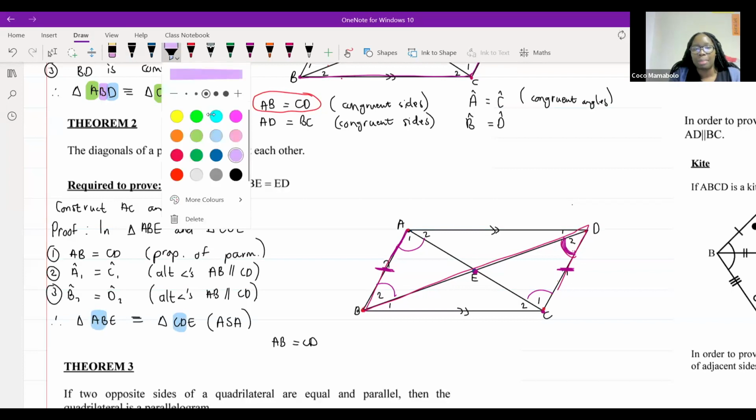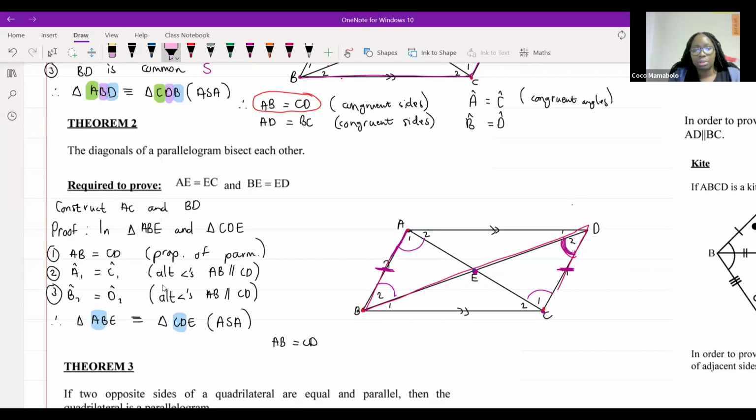That BE is equal to DE. And AE is equal to CE. Beautiful.